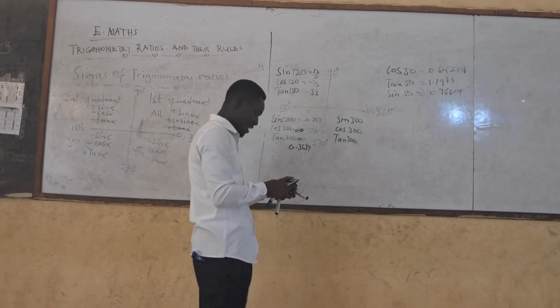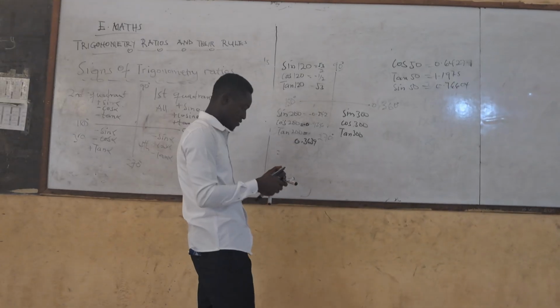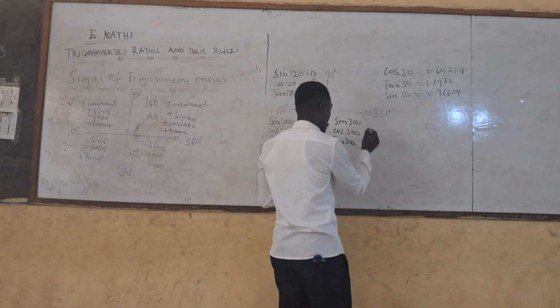So if you take sine 300, it is negative.